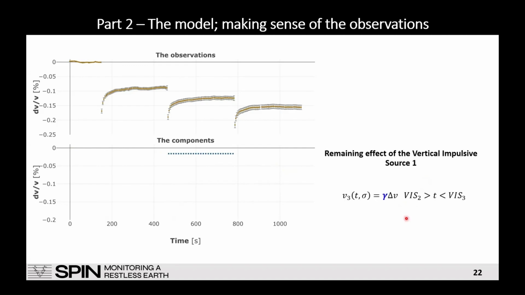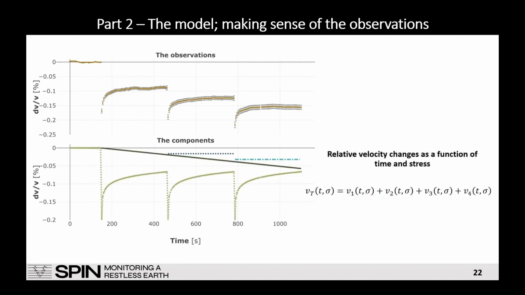Whatever is not yet relaxed has an effect in the second relaxation process, so we are compensating this relaxation process with this function. Therefore, we also have the remaining effect of the vertical impulsive source number 2 acting in the third one. Those are the 4 elements that we use to model the observations that we have.